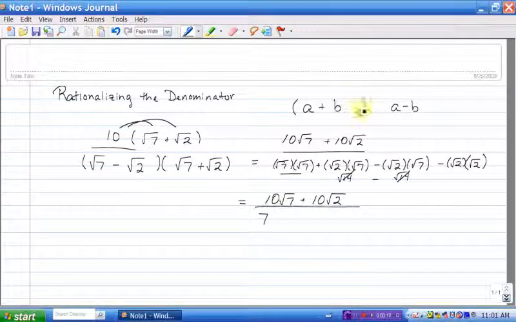When you FOIL that out, you lose your middle term, the difference of two squares. Same rule. And then, of course, I have minus radical 2 times radical 2, which is 2. Continue to simplify. 10 radical 7 plus 10 radical 2 all over 5.